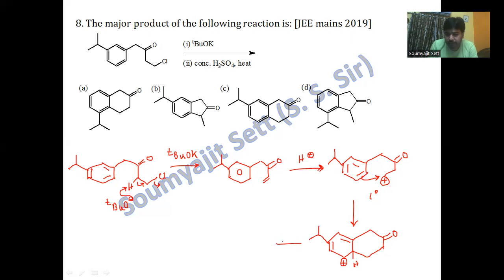On the next step, rearomatization. So we will get ultimately this. So this kind of molecule will be formed. This molecule. Okay.